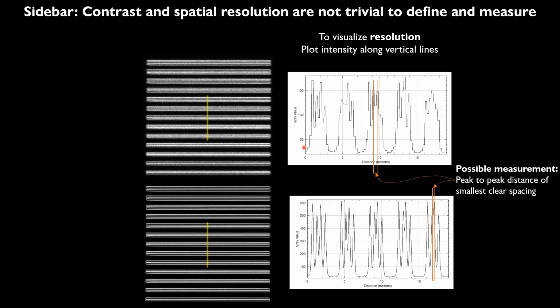As a possible measure of resolution, you can estimate the peak-to-peak distance of the smallest clearly identifiable spacing. Here you can barely tell them, but you can see that there are two peaks, whereas here you can only see that in this pattern, which has a larger spacing. So the image on the bottom has a higher resolution.